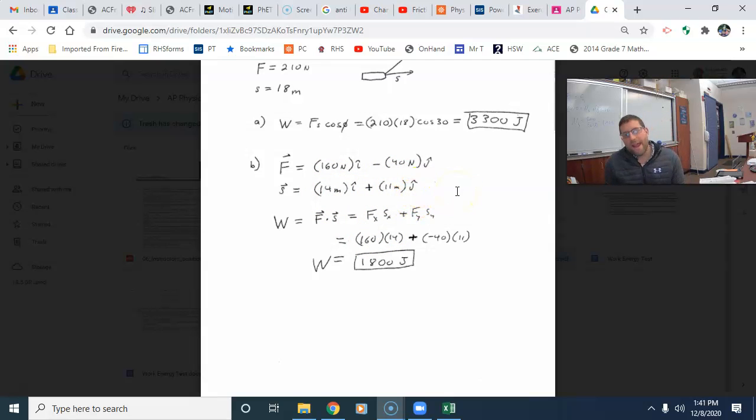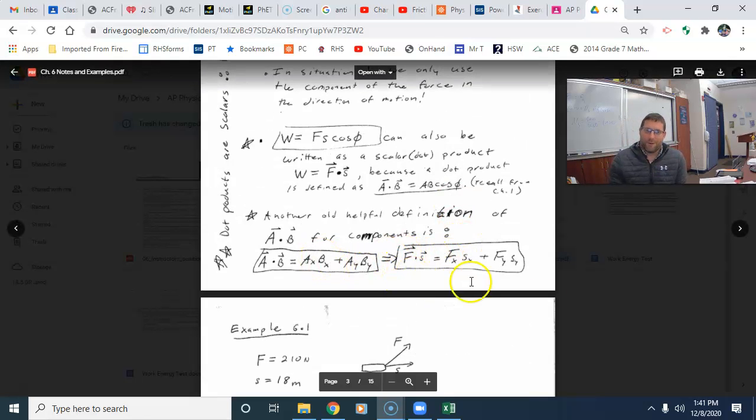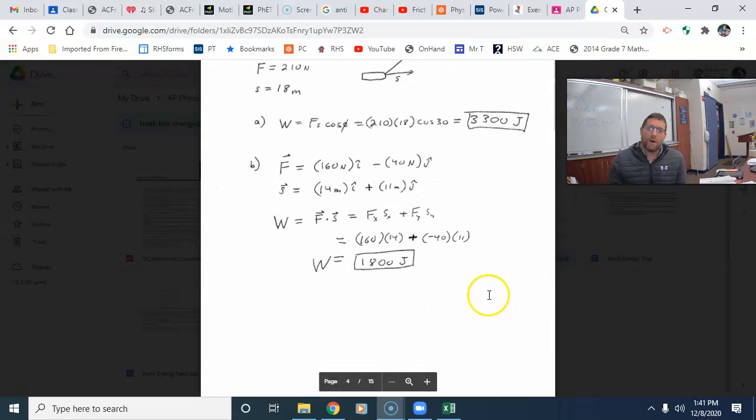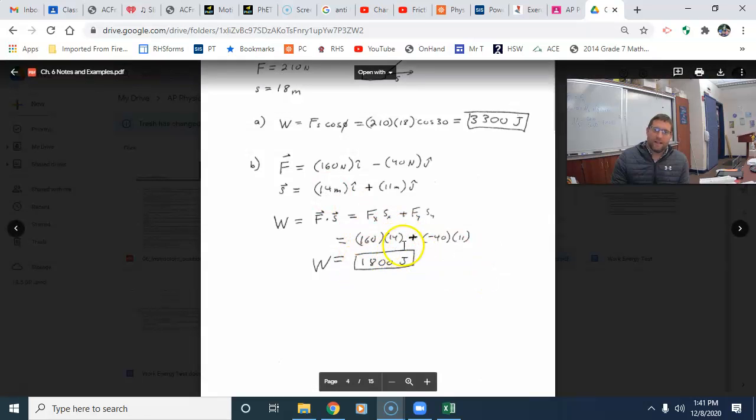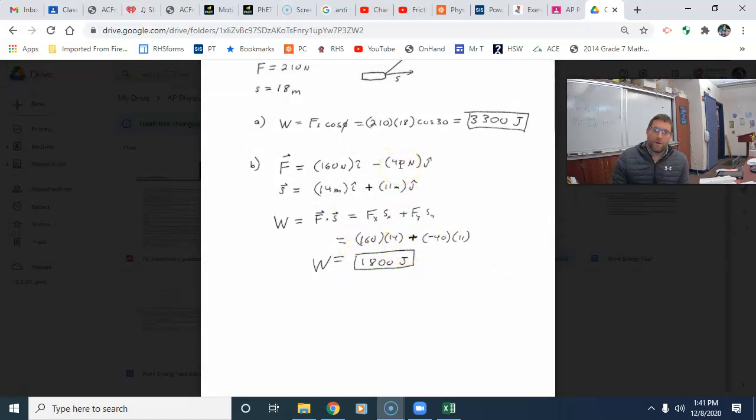We do not know the angle, but as I said and reviewed up here, remember the secondary formula. If we have all the components of F and displacement, we can use that formula if necessary, without the angle, to figure out the work. And when we do, it's just the x component of F times the x component of the displacement, added to the y component of F times the y component of S. And this is a scalar product, right?